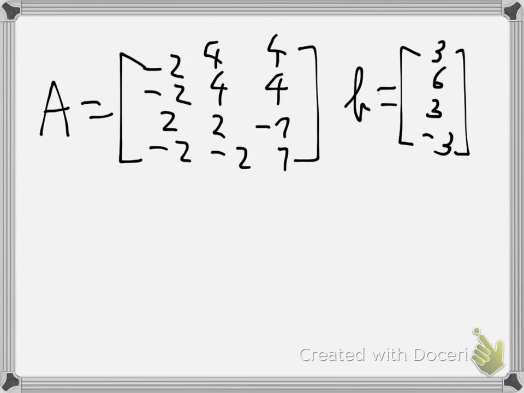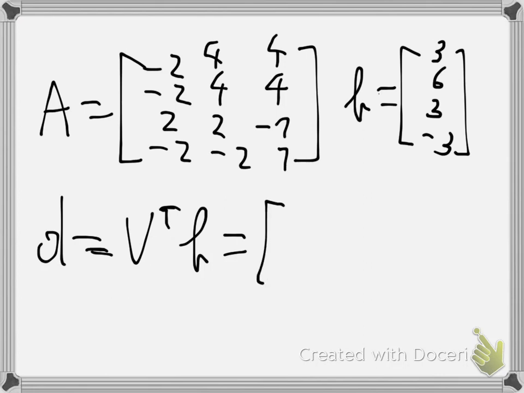So recall that we will find some vector D which is equal to U transpose B, and in itself it's equal to D0 and D1.